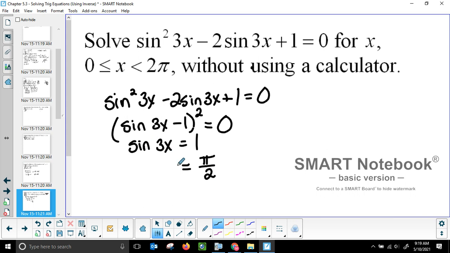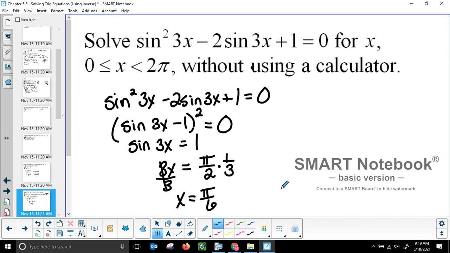But now we're not saying x equals pi over 2. We're saying 3x is equal to pi over 2. Now that we don't have this 3x attached to the sine, we can divide by 3, which is the same as multiplying by 1/3. So x is going to equal pi over 6.